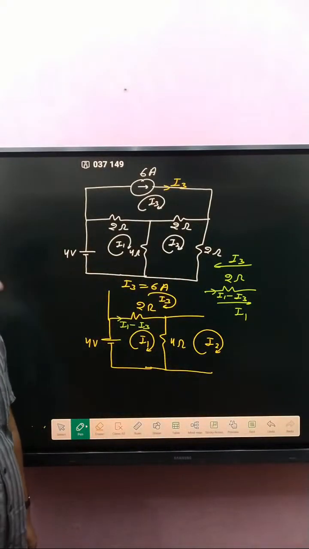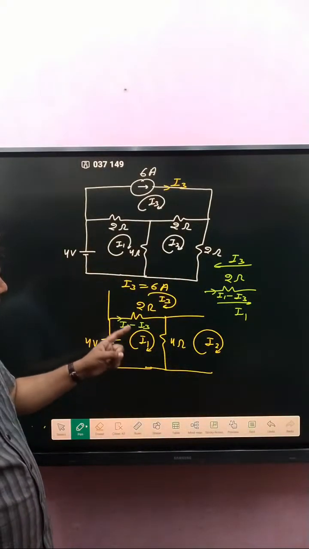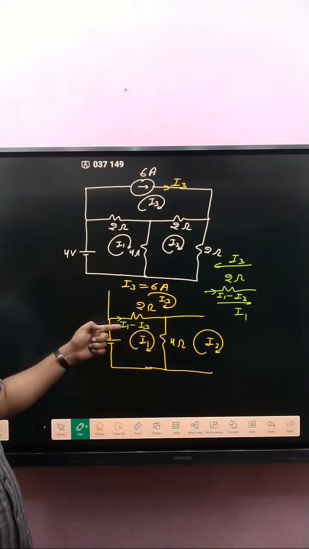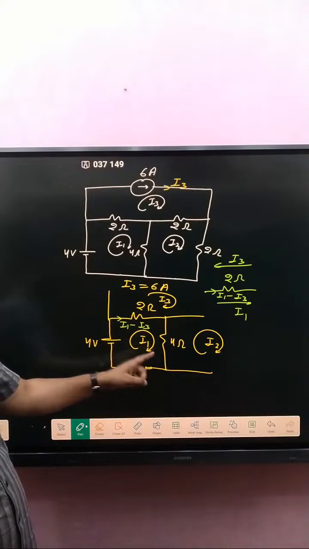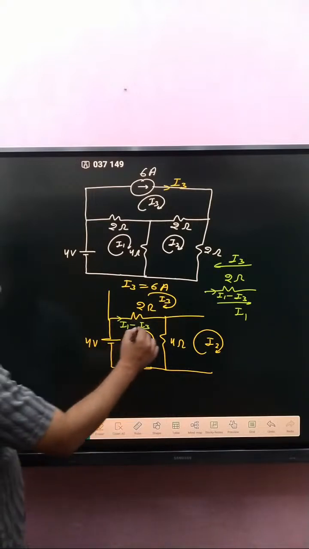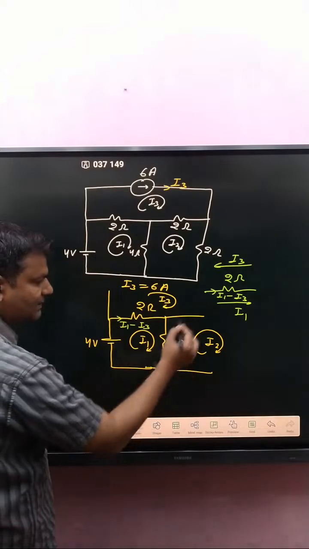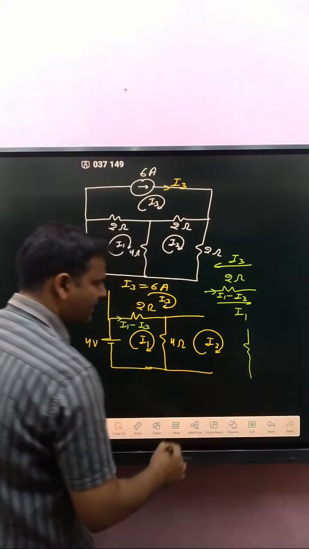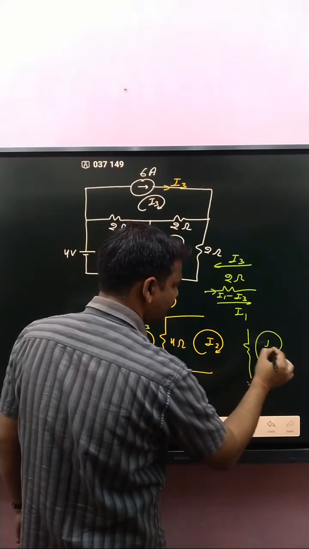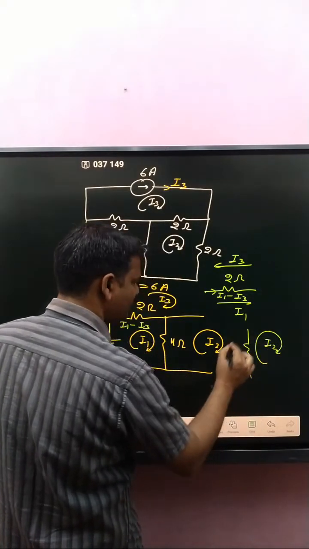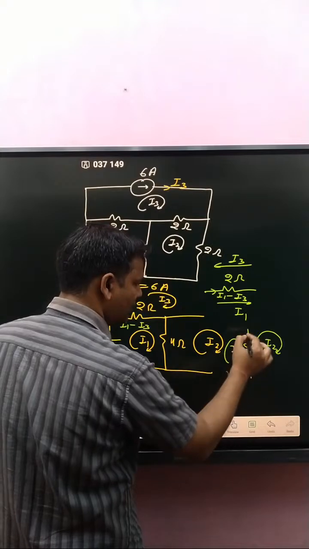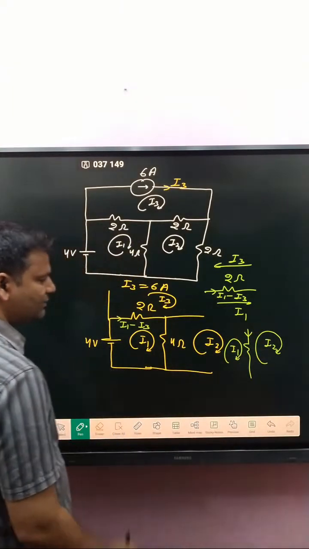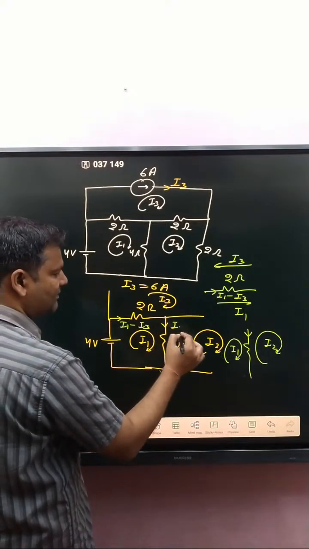If anyone faced doubt, then tell me. Now here I1 minus I3. And the current in this branch: I1 current direction like that one, I2 current like that one. If you see very carefully, I2 here and I1 here, so the net current is I1 minus I2.